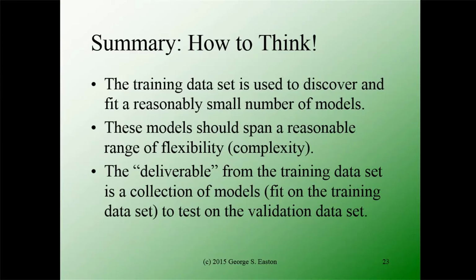So the deliverable, the thing you should get out of the training data set, is a reasonably small collection of models together with their fits, which means estimates of their parameters based on the training data, that can then be tested on the validation data set.